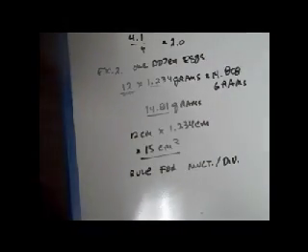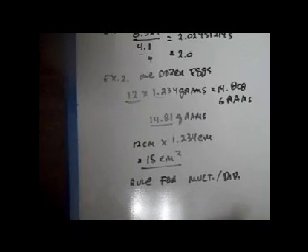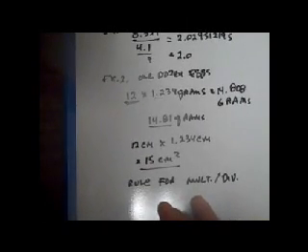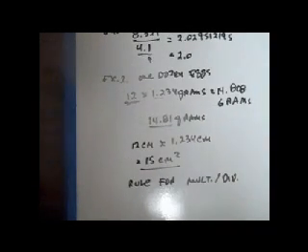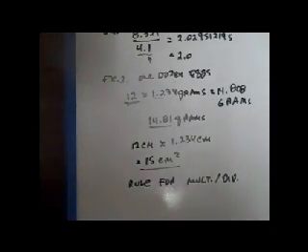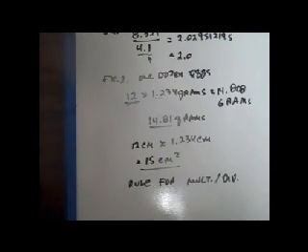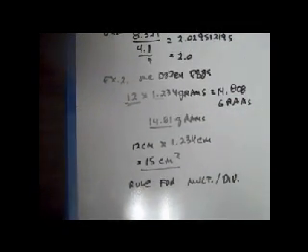Now, for addition and subtraction, interestingly, it turns out that the answer could have more significant figures or fewer significant figures than the numbers that you start off with. The best way to show this is by example.